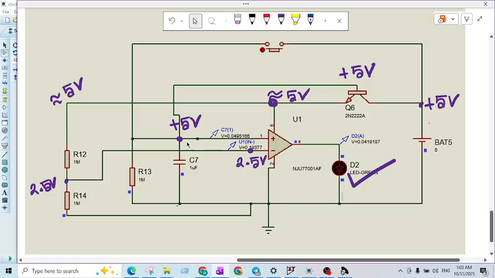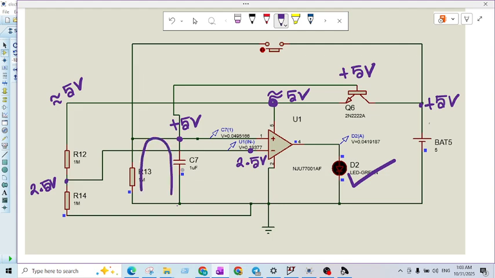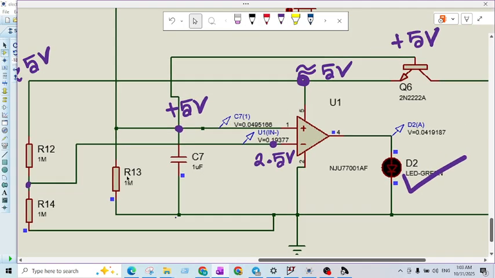I have marked a tick mark, that means the LED is glowing. But this capacitor will not remain at positive 5 volt all the time, because you see that the capacitor is discharging in this path, right, through this 1 million ohm resistor.